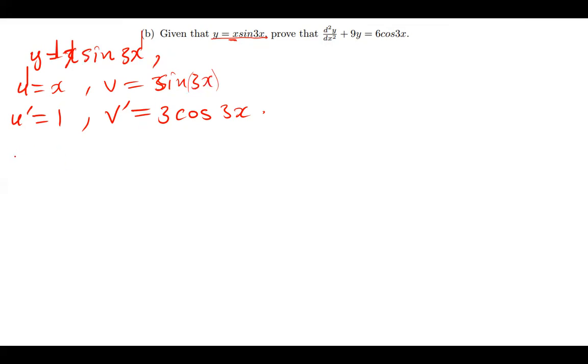The product rule states that dy dx is given by v u prime plus u v prime.